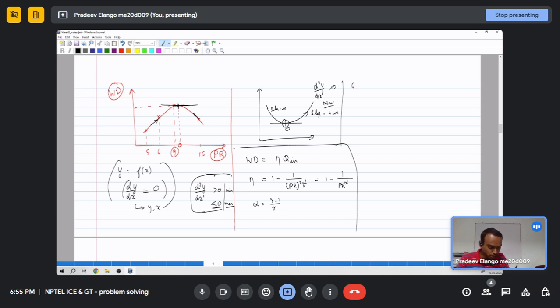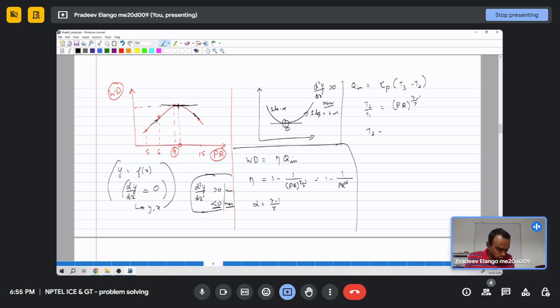Now I need to calculate Q in. Q in I know that it is Cp into T3 minus T2. Here T3 is a given term. I need to find T2 as a function of pressure ratio. So I know T2 by T1 is pressure ratio power gamma minus 1 by gamma.